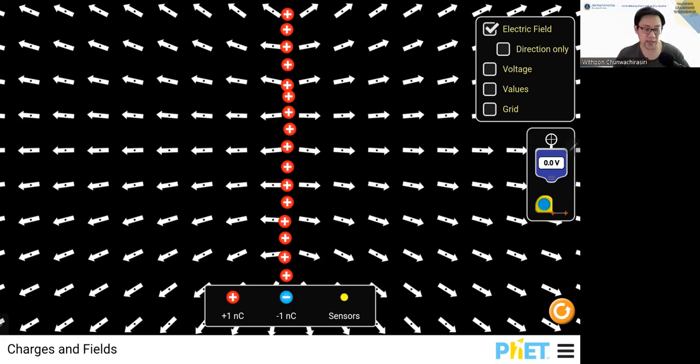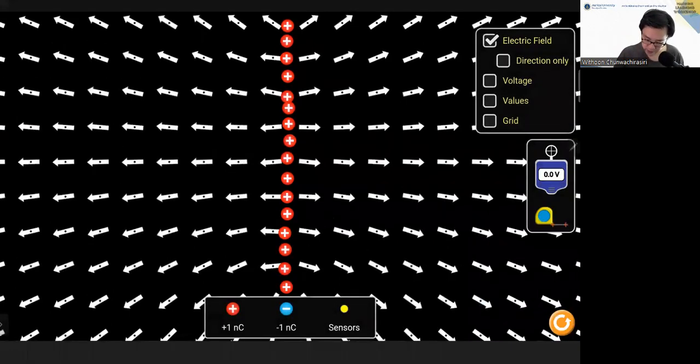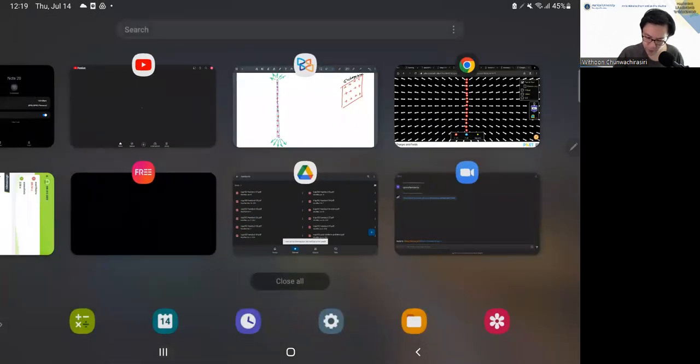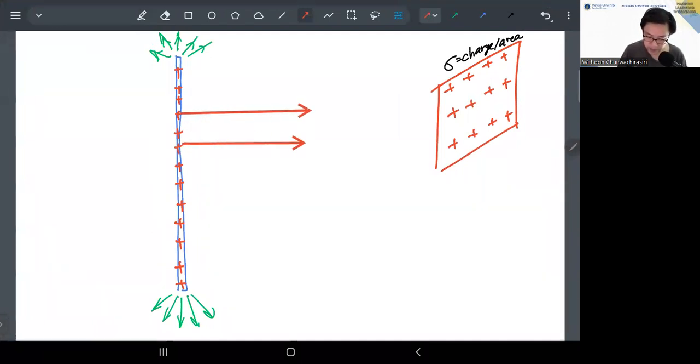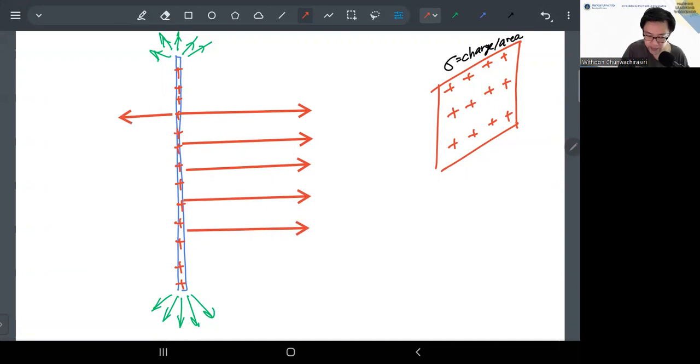So by looking at the simulation, I think that's a lot easier for you. So what I can now say is that the electric field coming out from this, as long as you ignore the electric field due to the rims, is going to come out perpendicular, perpendicular, perpendicular on both sides, of course.